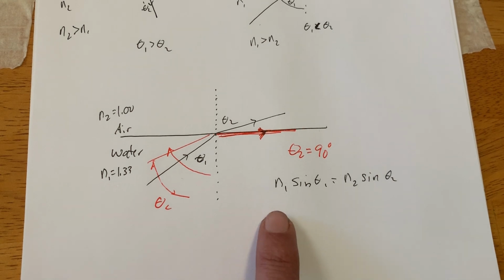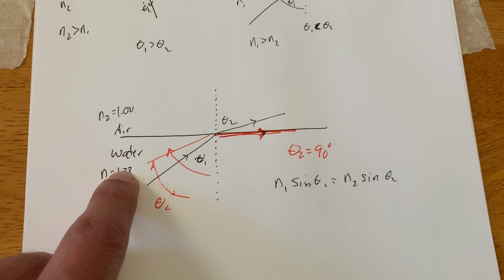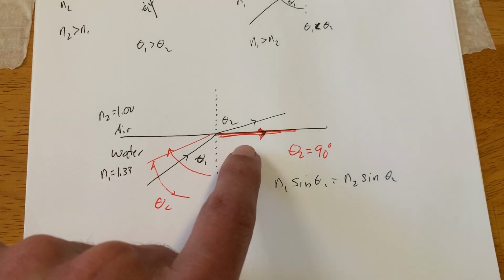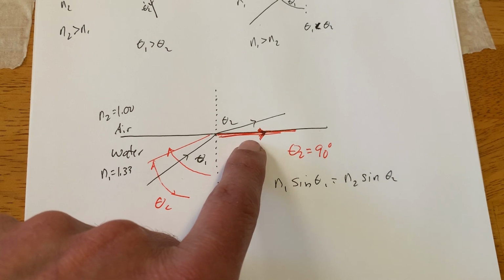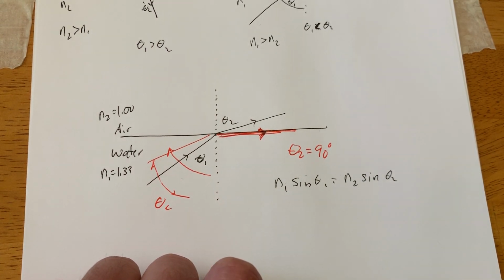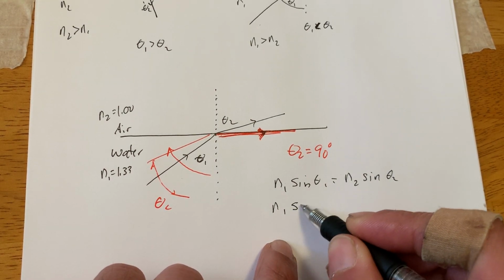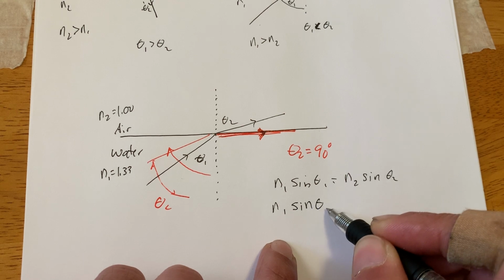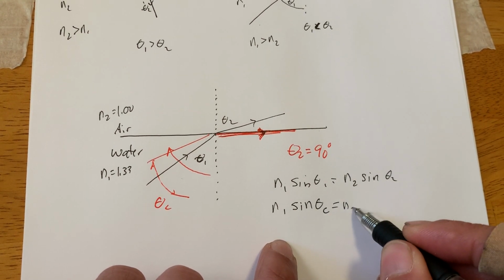But what I really want to know is, what angle in material 1 gives it such that the refracted angle is exactly at 90 degrees? I'm going to call this the critical angle, with a C. So N1 sine theta critical equals N2.